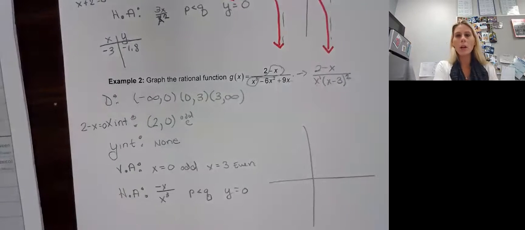Okay, let's label all. But as you are doing this, or as I'm doing this, can you please write down your intercepts on your graphs?